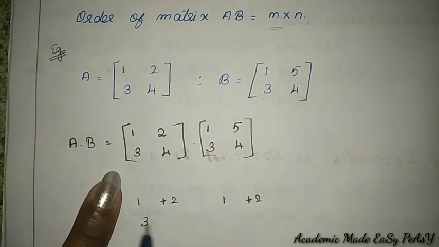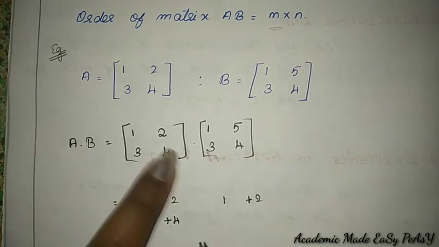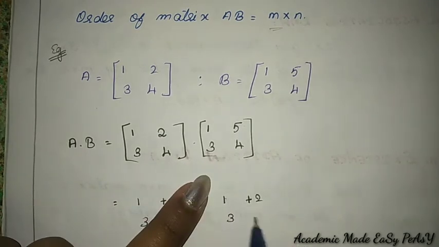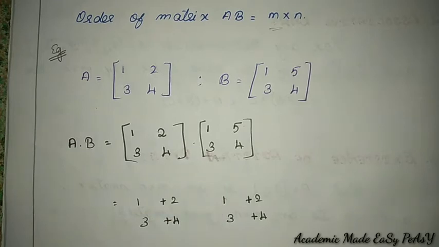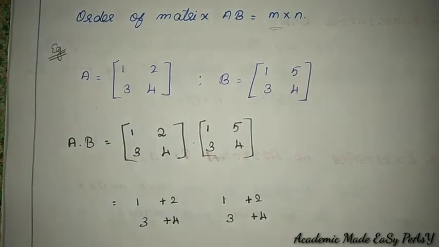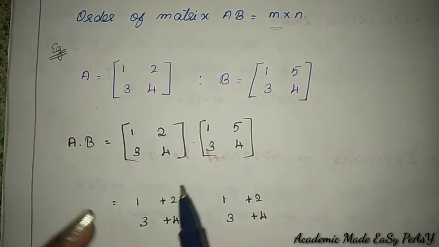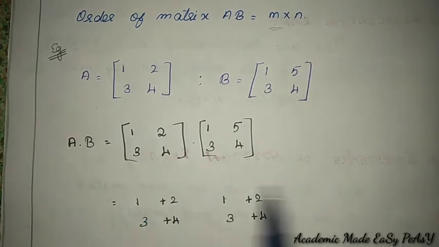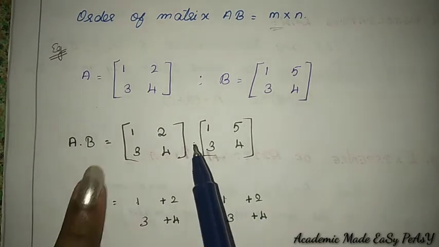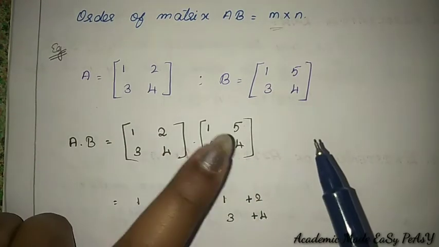So I will write 3 plus 4 and once more I will write 3 plus 4. Till here, is that okay? So now what do I have to do to multiply? You all may ask, it's multiplication, why have you added? It's not addition. I have to multiply with this matrix.